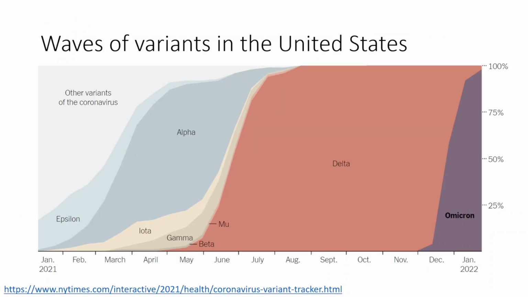So this is just sort of a little bit more about SARS-CoV-2. As you're probably aware, over the last several years, there have been these waves of different variants that have arisen. And that kind of comes about from what we were talking about before.